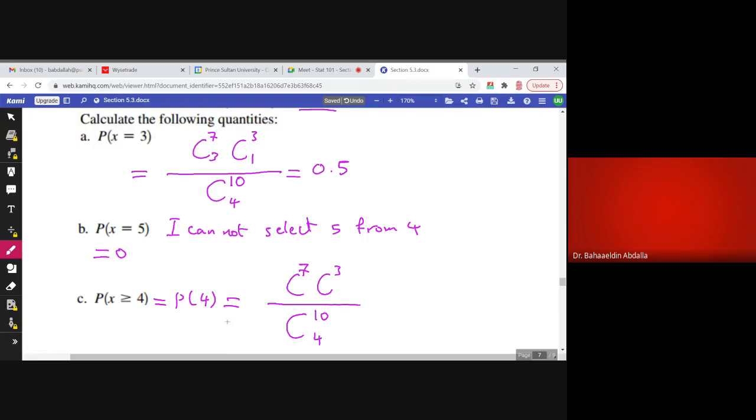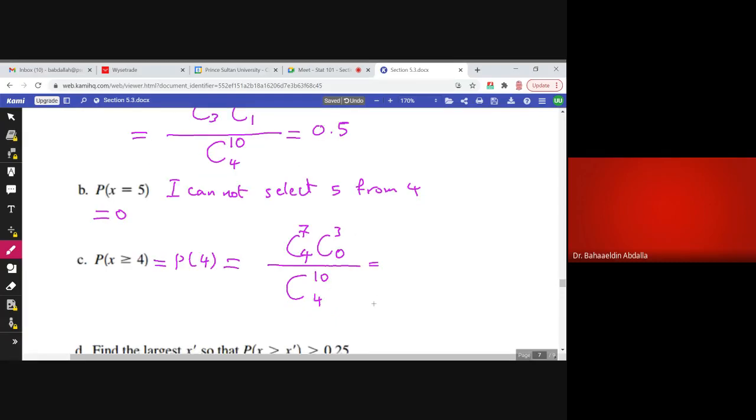And now I need to select 4 out of this 4, and all of them from the 7, from the successes. So here I have to select 0 from the failures. Now if you find this probability, 3C0 is 1, so you can cancel it, and you can divide 7C4 by 10C4, and the answer is 1 over 6, or approximately 0.17. So this is the probability of 4.